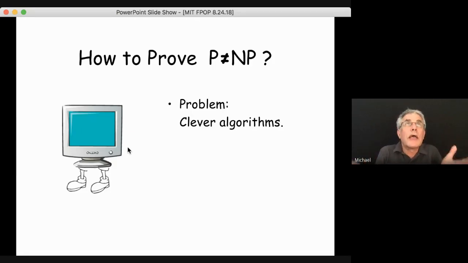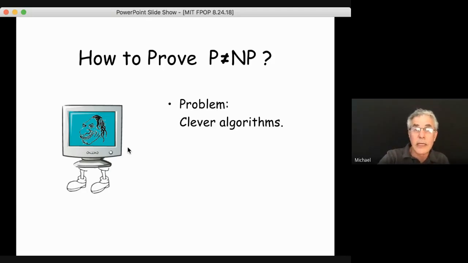How would you show there's no clever way of factoring big numbers? That you really just need to search for the answer. How would you do such a thing? Well, one way that people have done, and this is a typical mathematician strategy, is if you can't solve this really hard problem, let's try to make the problem easier. And the way we've done that, here you think of the computer as this devil coming up with these clever algorithms.